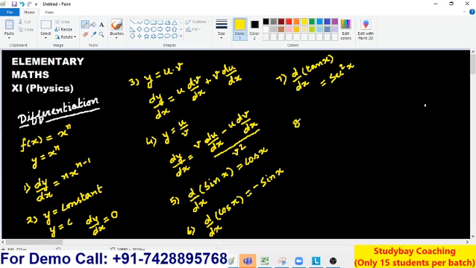After that, d by dx of cot x will be equal to minus cosec square x.